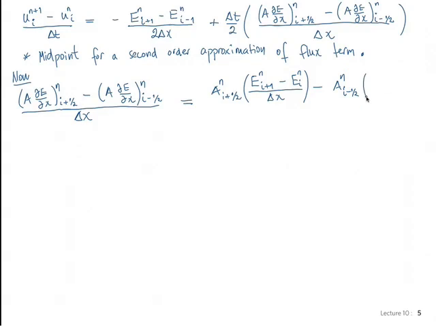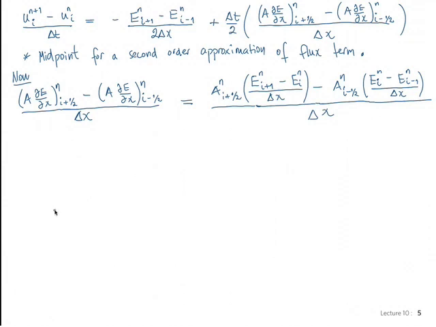And here we have E_I minus E_(I-1), both at n. And all of this divided by delta x again.